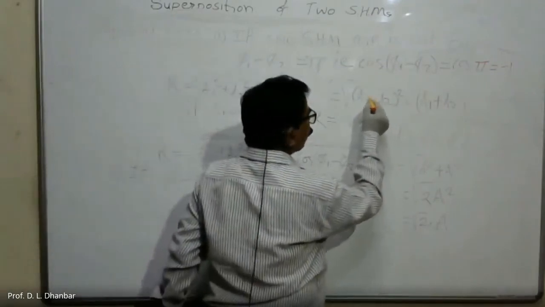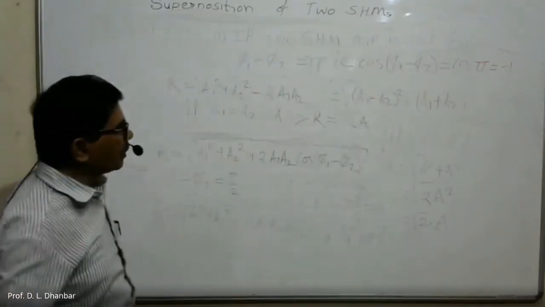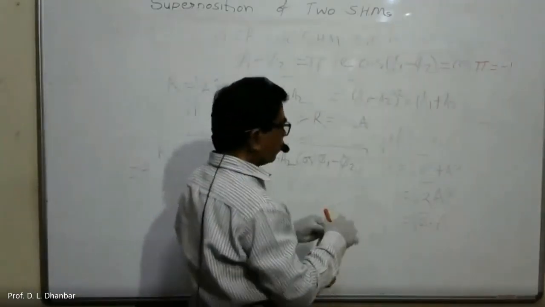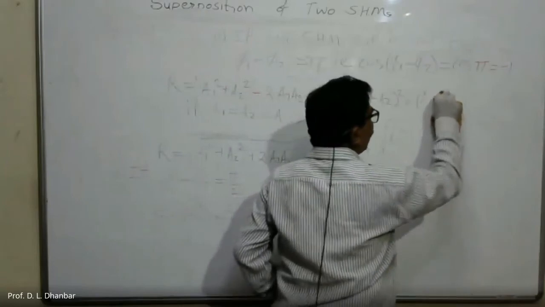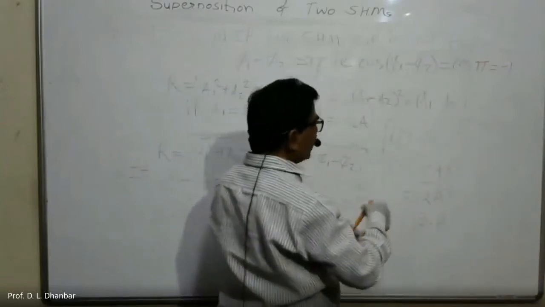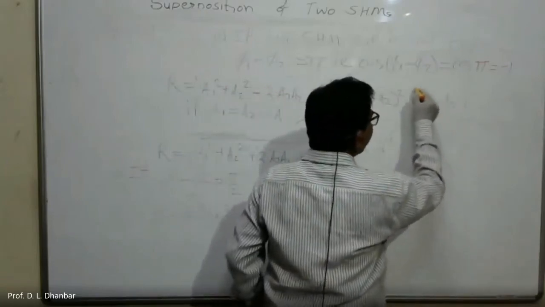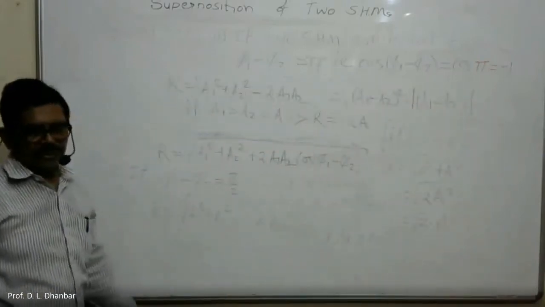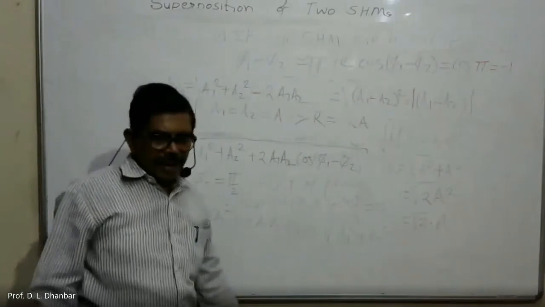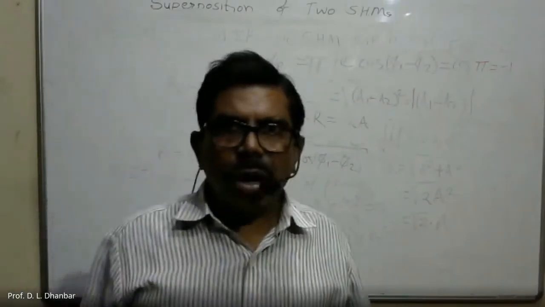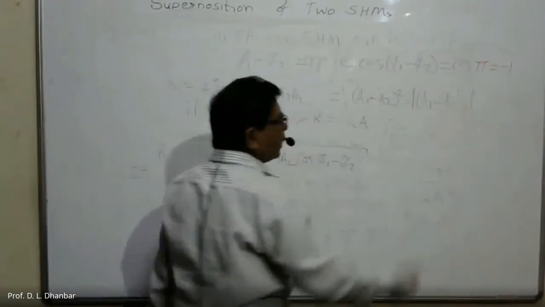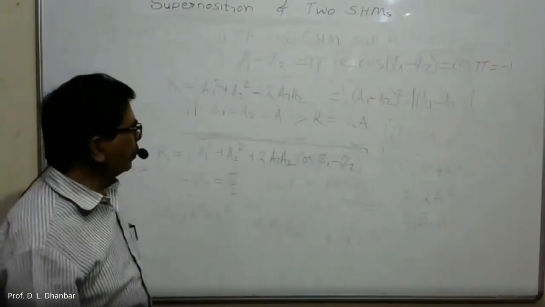The square root of this is equal to mod of A1 minus A2. Mod means it is always positive. It may be A1 minus A2 or A2 minus A1, but outside the mod sign we will get a positive term.